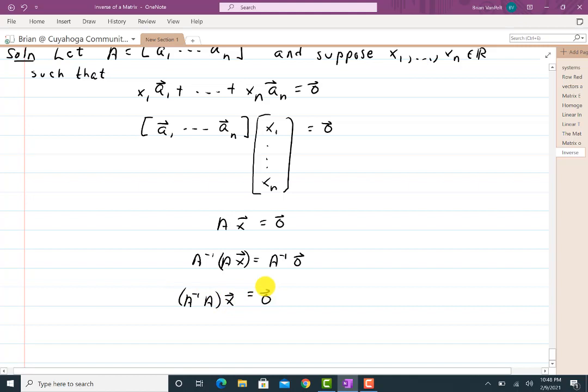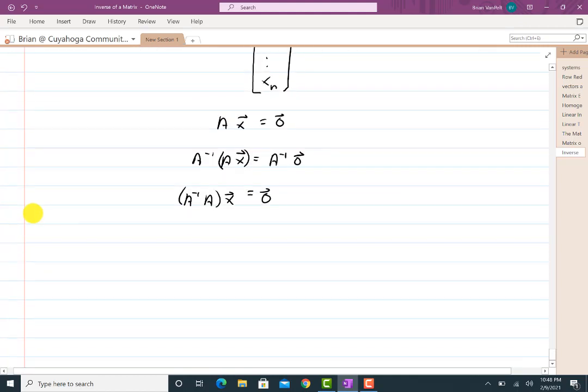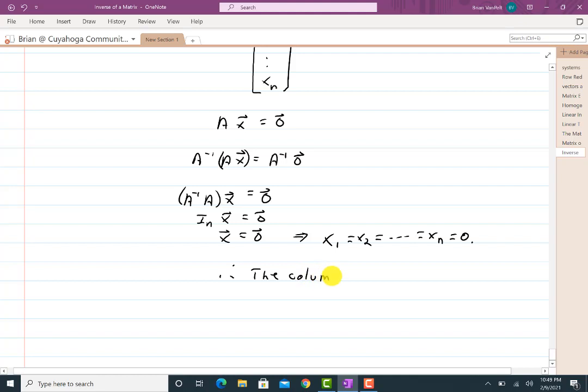Of course, any matrix times the 0 vector is 0. And so then I'll get I_n x equals 0, but I_n x is just x. And that means that x1 equals x2 equals dot dot dot equals x sub n, and all of those numbers were 0. So therefore, the columns of A are linearly independent.